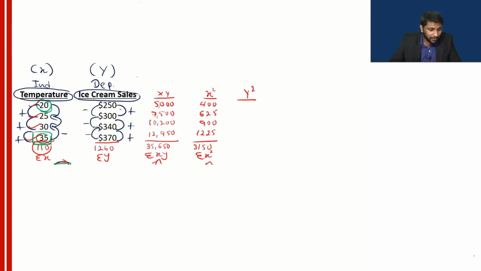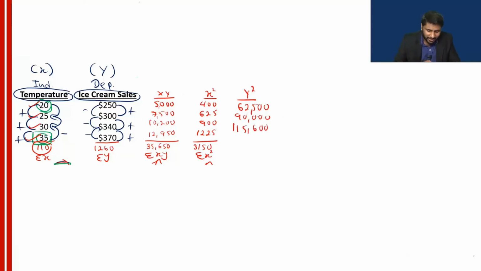Sigma y square value I don't have, so we will have to calculate it. Let's calculate the y square values. 250 squared is 62,500. Next one, 300 squared, is 90,000. After that, 340 squared is 115,600.